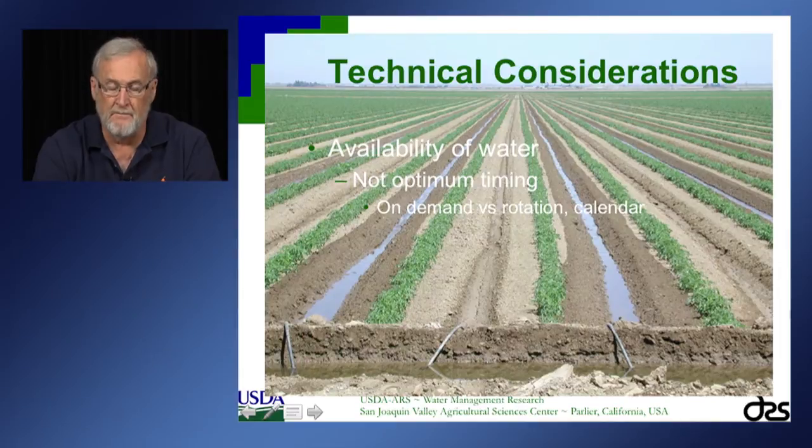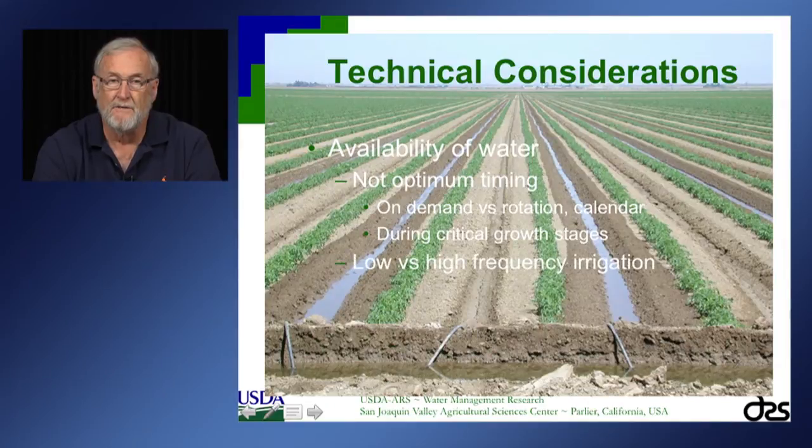Even though you might have the correct volume of water, are you going to be able to get it when the crop actually needs it? Because there are critical growth stages for this crop, and if you stress it at that point in time, productivity is lost. So even though you might have the correct amount of water, not having it when you need it is a really big issue.